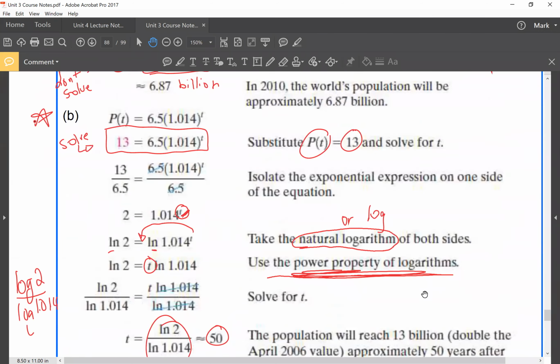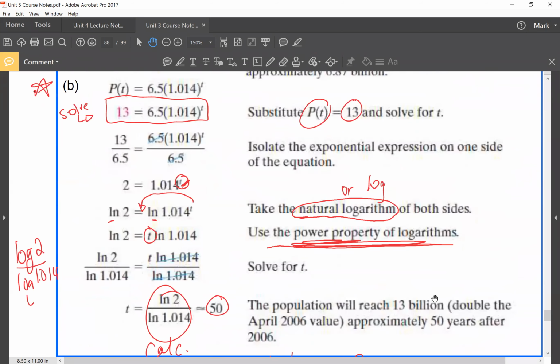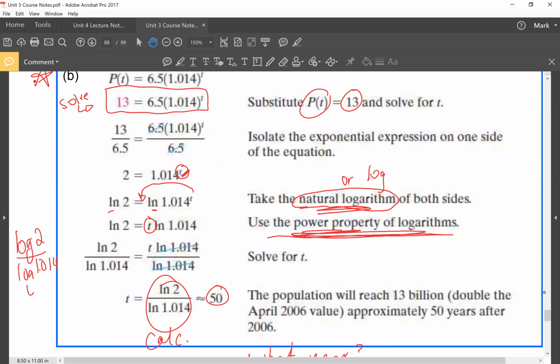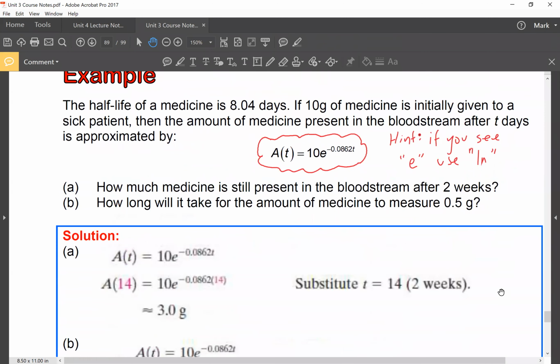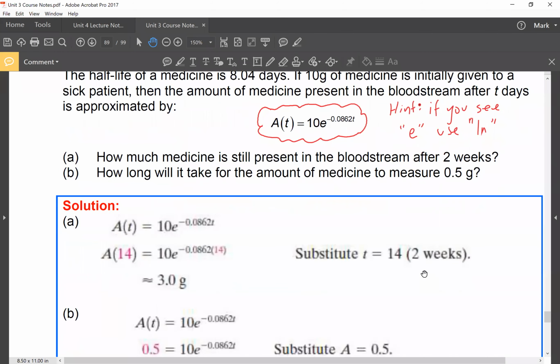So if you look up at this example up here, I told you you could use the natural logarithm or log because they're just numbers. But in this question, because there's an e, I highly recommend using ln. And we talked about this last day. I didn't upload Thursday's class yet for the student who asked me, but this is in Thursday's class. We talked about when you see an e, use ln.